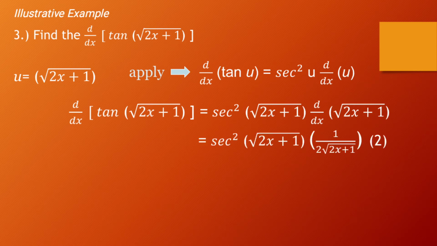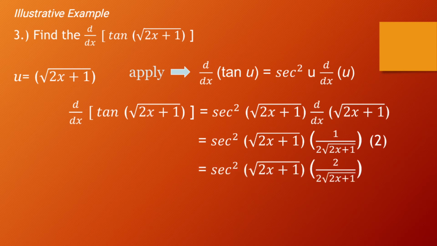Then we have secant squared square root of 2x plus 1, and then the derivative for the square root of 2x plus 1 is 1 over 2 square root of 2x plus 1 times the derivative inside the radical sign, which is 2. Then we have secant squared square root of 2x plus 1. Then just multiply 1 over 2 square root of 2x plus 1 times 2. That's why we have 2 over 2 square root of 2x plus 1.